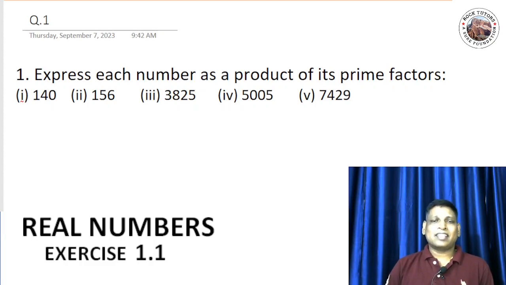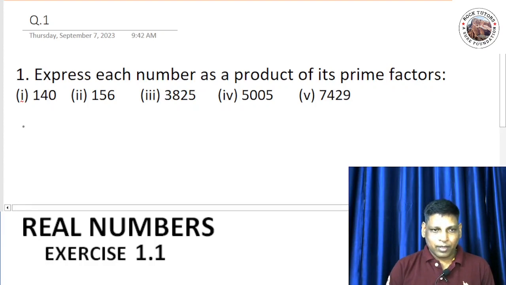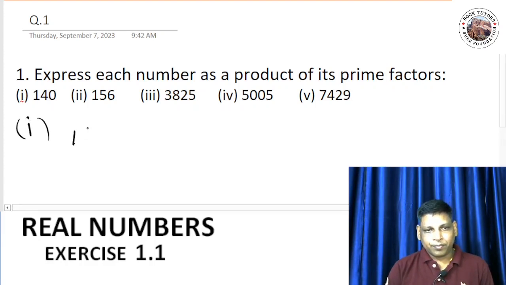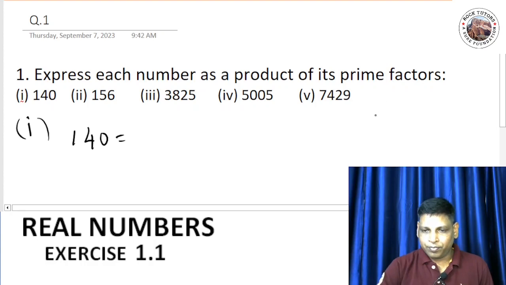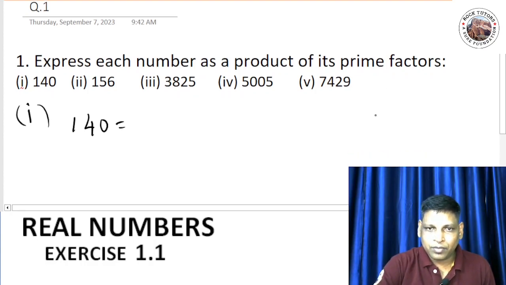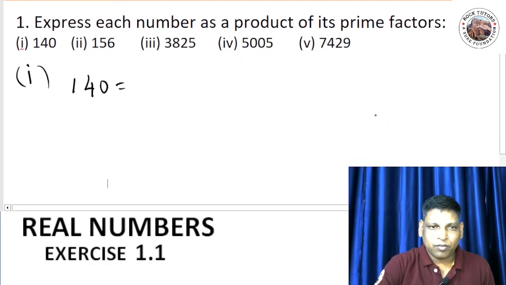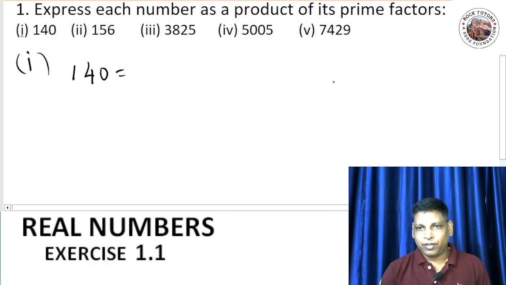Express the numbers as a product of prime numbers. Prime factors. First question, first Roman numeral: 140. 140 is equal to, how can we write? How do we do this? I am taking 140.